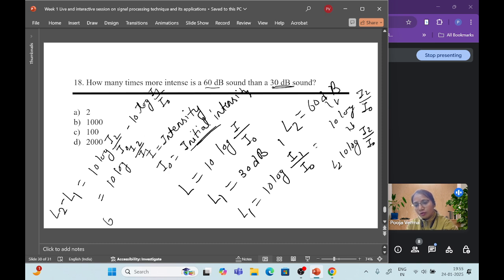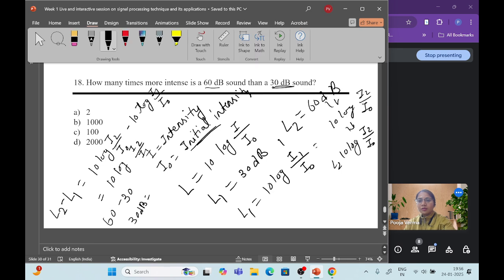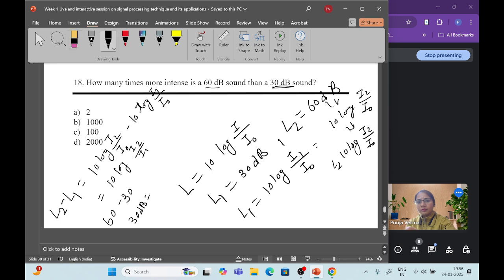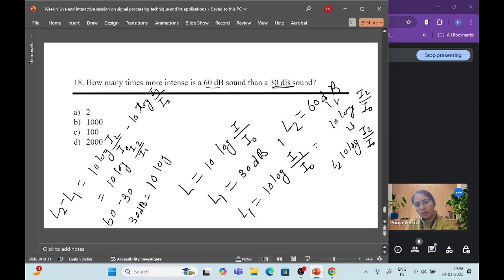Here L2 is 60 dB and L1 is minus 30 dB, so you get 30 dB. So 30 dB = 10 log I2 divided by I1.